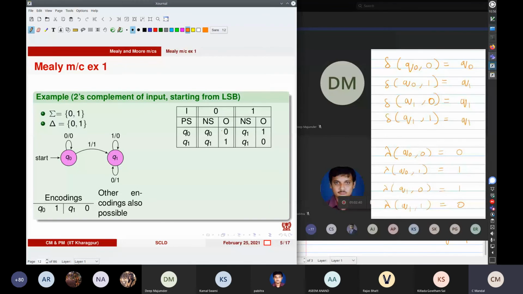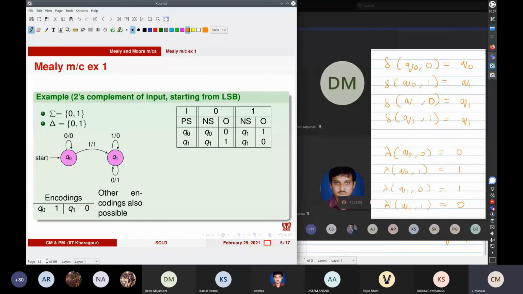All right. Now note that here the state is symbolic. The state is symbolic, but when you want to implement it, you'll have to encode it. So these are possible encodings. You can encode Q0 with a 1 and Q1 with 0.